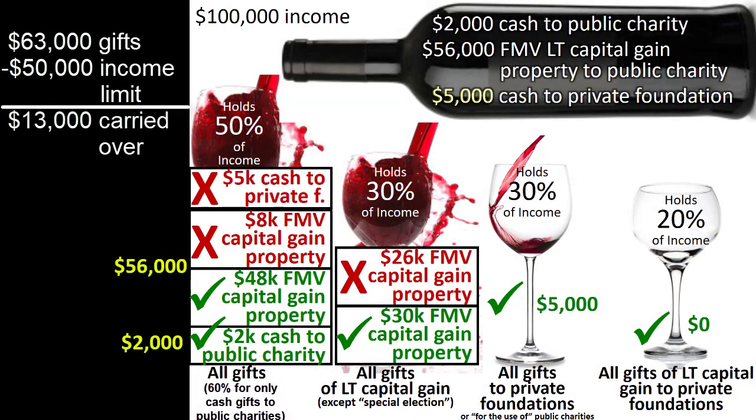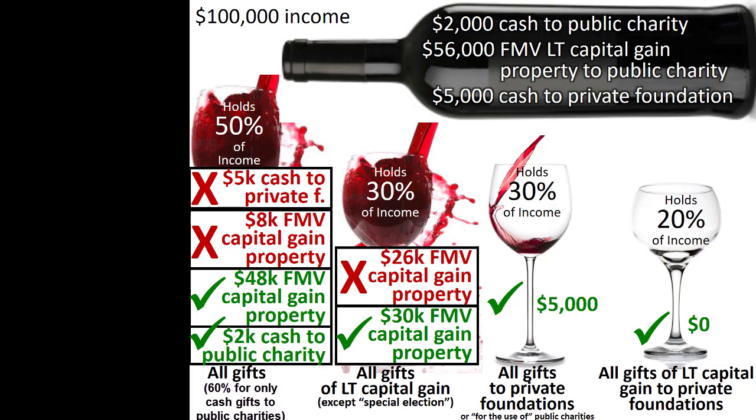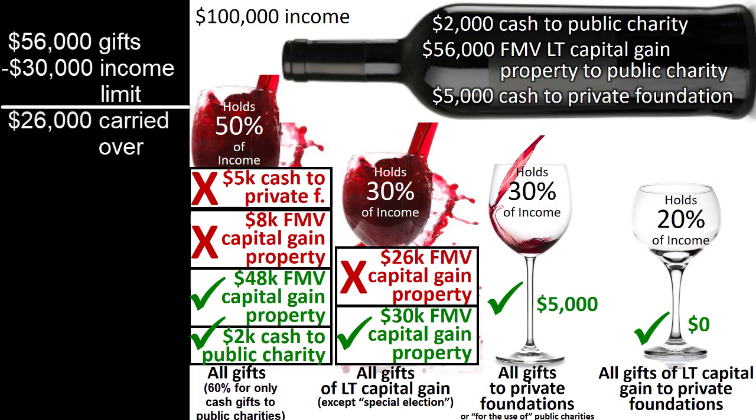Gifts of cash to a private foundation are deducted third, after gifts of cash to a public charity and gifts of long-term capital gain to a public charity. As a result, all $5,000 in cash gifts to private foundations spills out of the first glass and must be carried forward into future years. In this case, there is also spillage out of the second glass, which makes things more complicated.